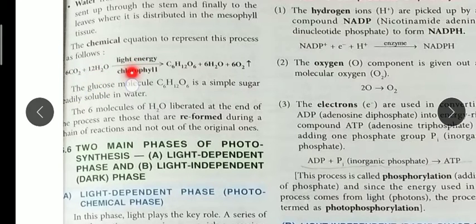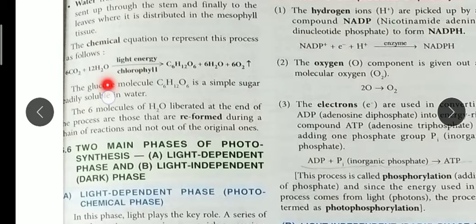Whereas in the dark reaction, glucose is formed from the carbon dioxide. So in photosynthesis, CO2 is reduced, and the water molecule gets oxidized.